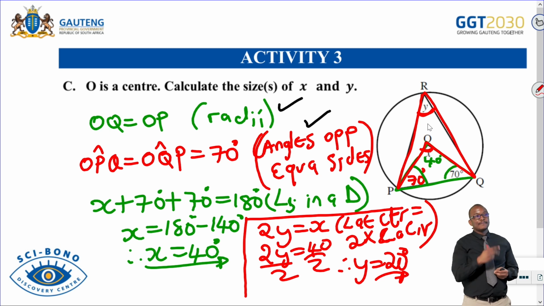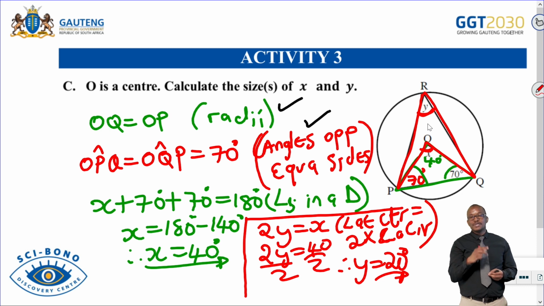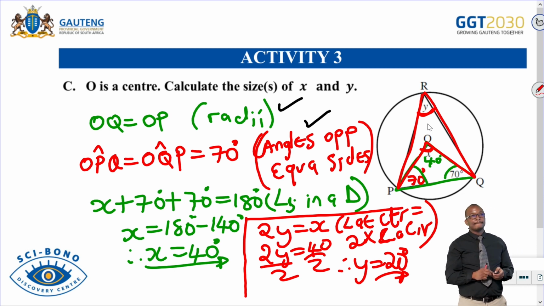So you can see that in this type of question, there are certain applications that need to be performed before we can get to our answers. So always you need to analyze your diagrams. Okay?